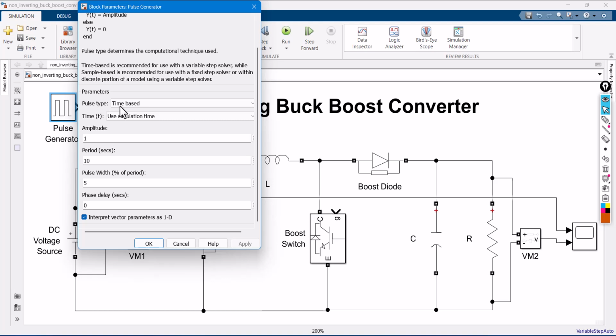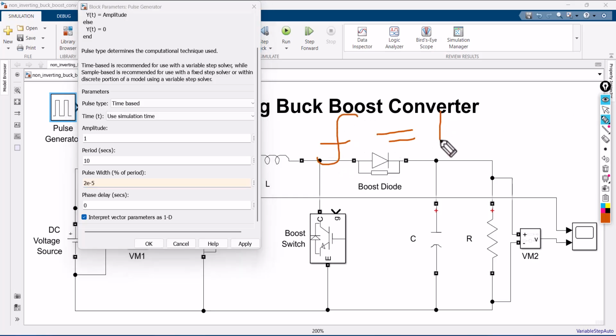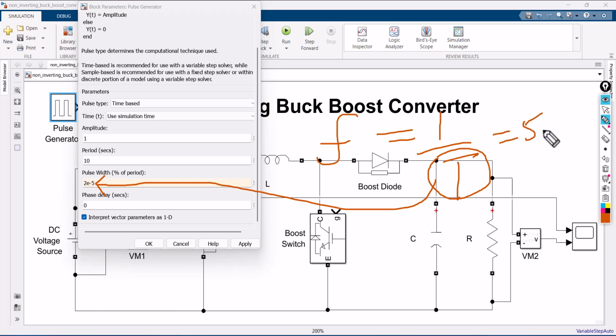Pulse type is time based, amplitude is 1, and the period I'm going to use is 2e-5. Everyone knows the formula f equals 1 by T, that is, frequency is inversely proportional to time. So what will be the frequency? 1 divided by 2e-5 comes to 50,000 Hz, that is 50 kilohertz. 50 kilohertz is the switching frequency of this non-inverting buck-boost converter.